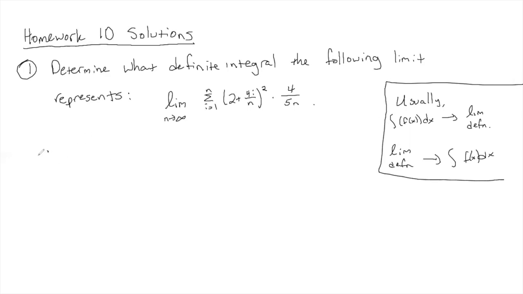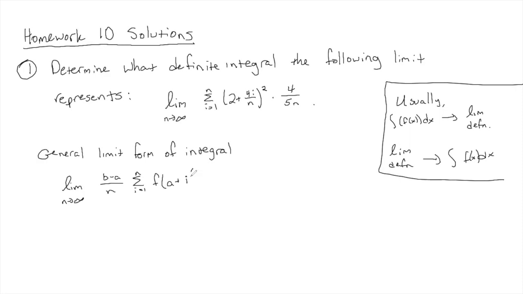Now remember the general limit form of an integral is the limit as n goes to infinity of b minus a over n times the sum i equals 1 to n of f of a plus i times b minus a over n.